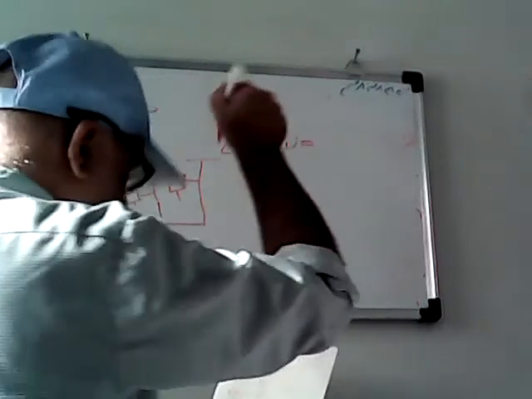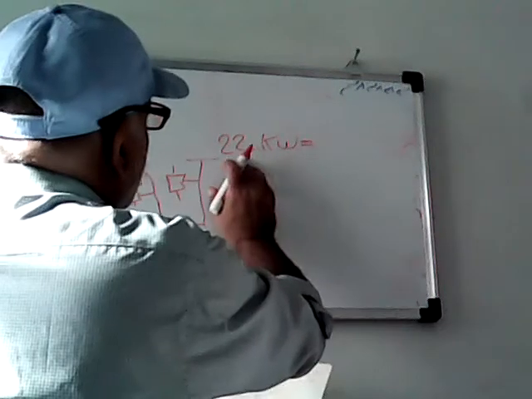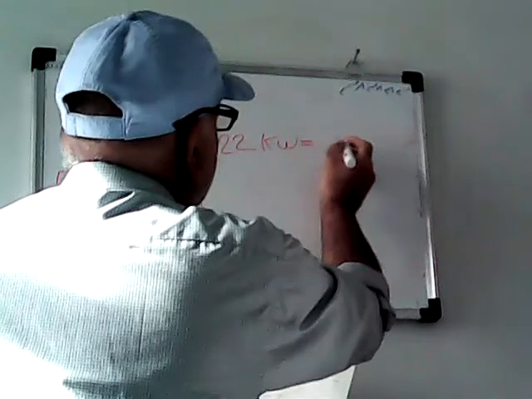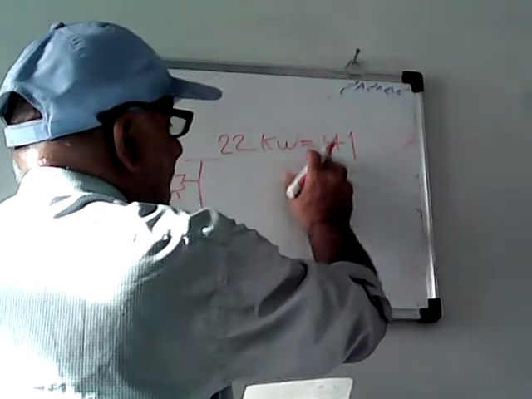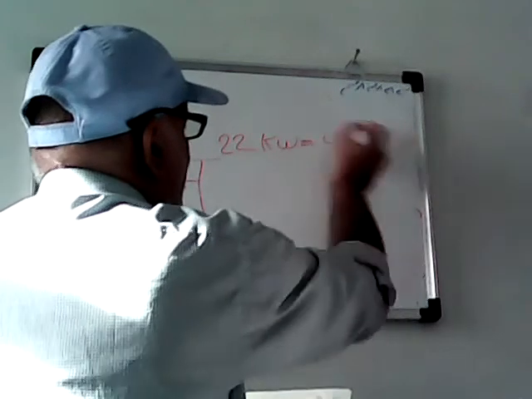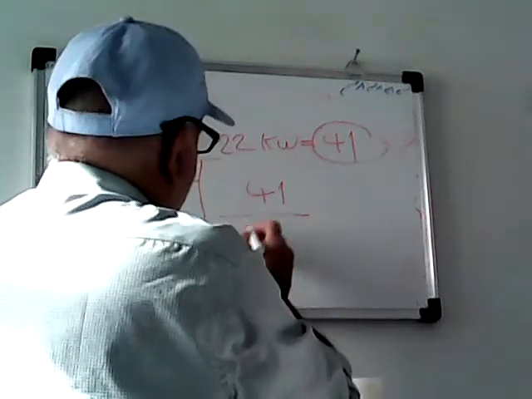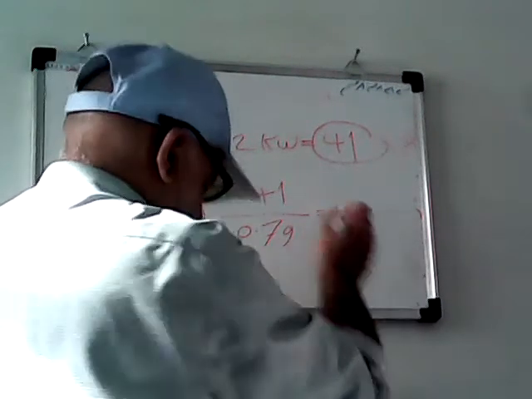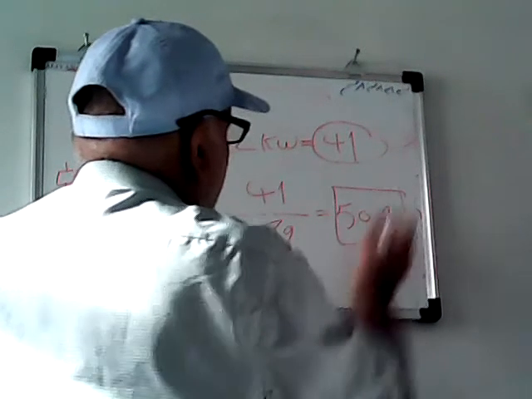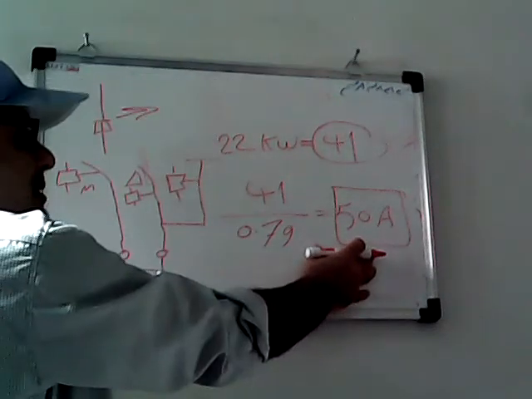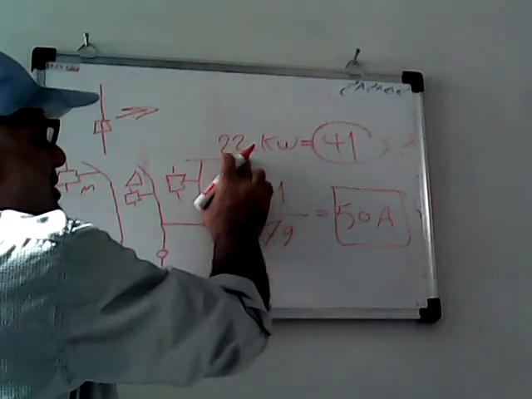You want to find out the fast and easy way to choose your fuses. For 22 kilowatts, the rated nominal current on the nameplate is 41. 41 divided by 0.79 gives 50, exactly 50 ampere. This is your selective fuse. Very easy. That was your electromotor, 22 kilowatt.